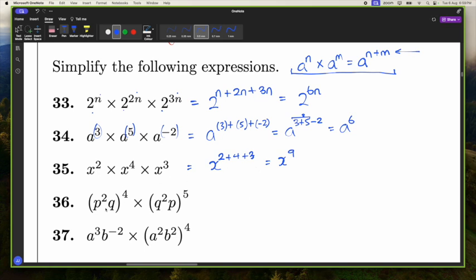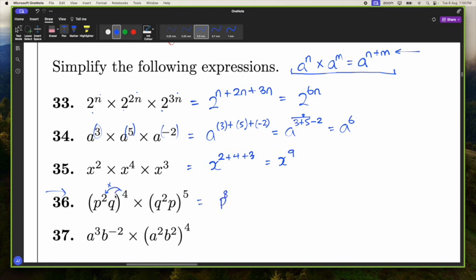Now take a look at this one. If you notice, this is multiplied by this, which is multiplied by this, which is multiplied by this. So multiplication does glue numbers together. So all of this is glued together. Well, the first thing I'll do is expand the brackets, and expanding the brackets means I'll multiply the indices. So 4 times 2, that is p to the power of 8, right?